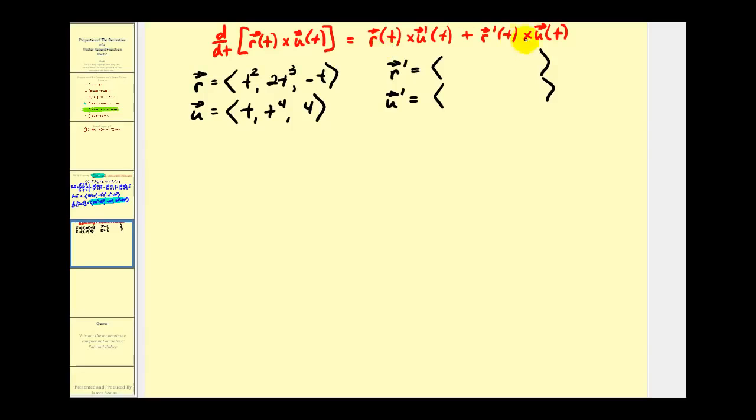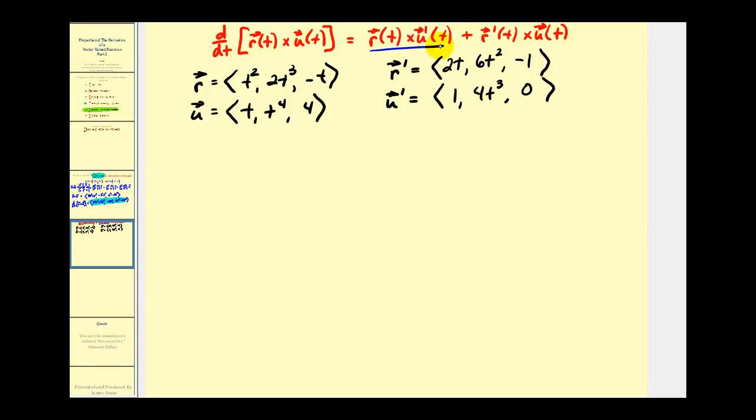Notice to evaluate the right side we are going to have to find the derivative of the vector-valued function r and u. Let's go ahead and do that now. We would have 2t, 6t squared, and negative 1. And for u prime we'd have 1, 4t to the third, and 0.